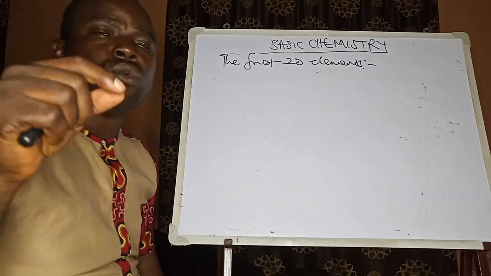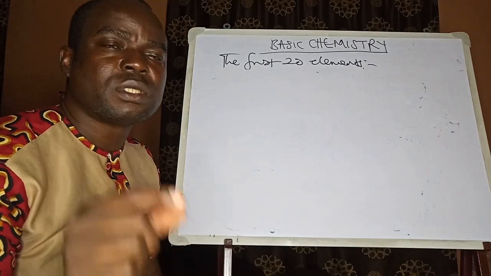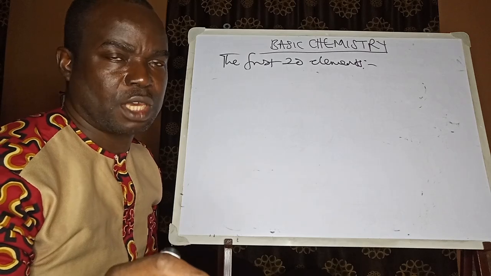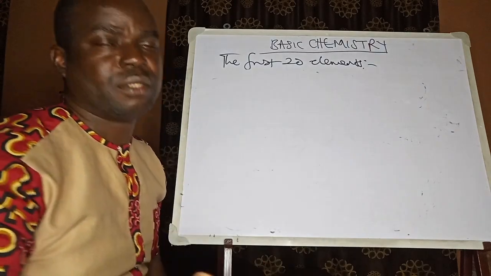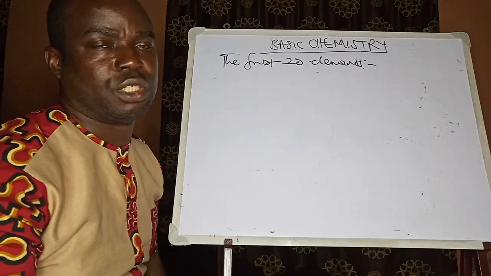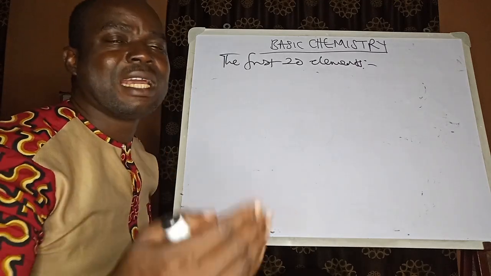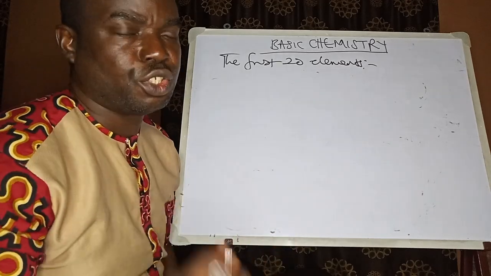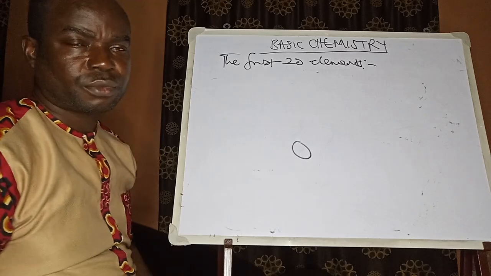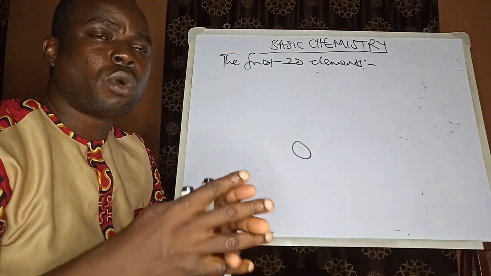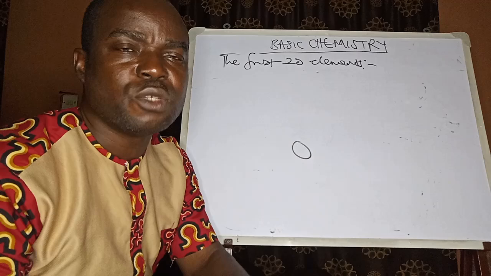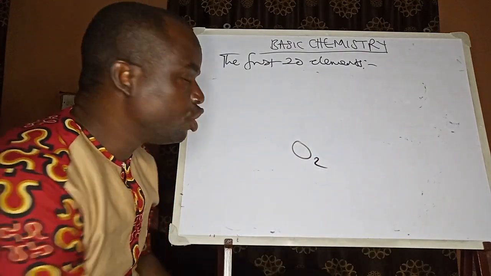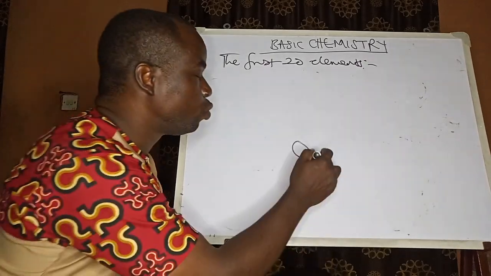Those elements whose pronunciations end with 'in', hydrogen, chlorine, oxygen, nitrogen, are called diatomic elements. What does that mean? If you want to write the symbol of oxygen, oxygen is O. Any element whose pronunciation ends with 'in', you put 2 on it like this. So the symbol of oxygen is not just O, it is O2.